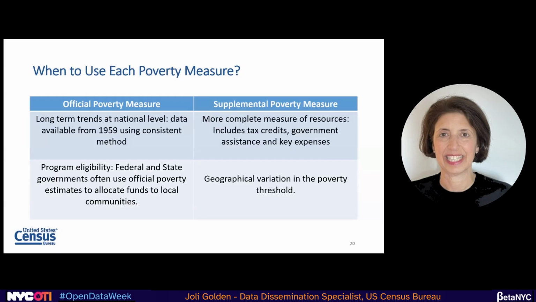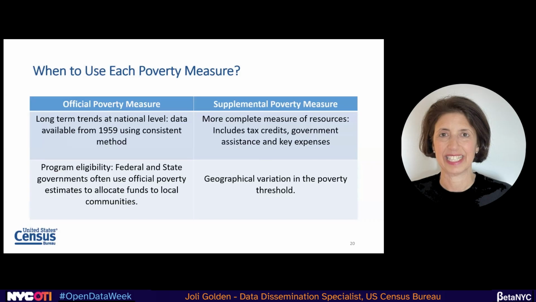For the official poverty measure, since that data is available back to 1959, you can look at long-term trends at the national level. Also, let's say you were looking for a grant on grants.gov and you found a federal grant to apply for local funds or state funds, you would really often be asked for that official poverty measure. So apples to apples across the country.